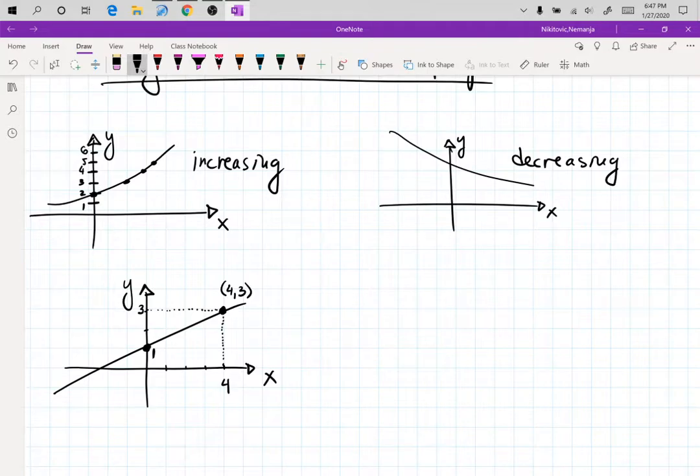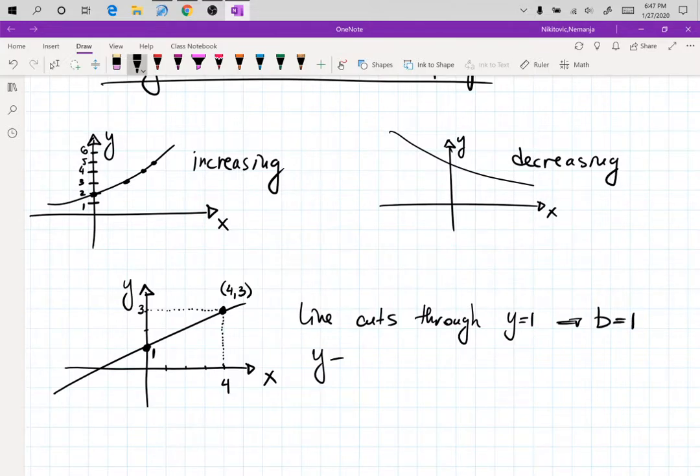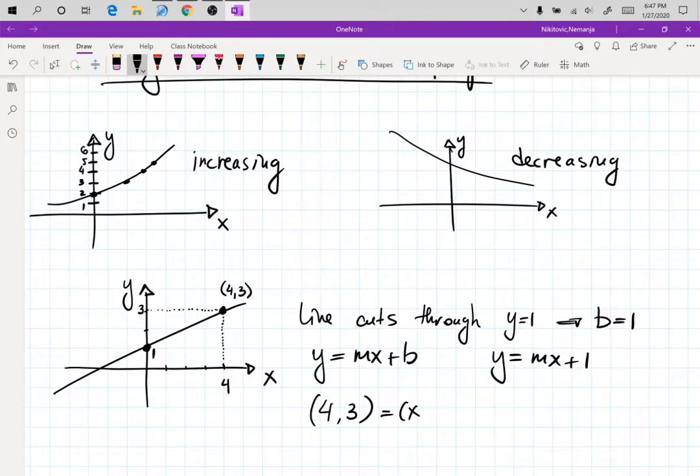So I already have that the line cuts through Y equals 1, which means b equals 1 for y equal mx plus b. So I already know y equal mx plus 1. Now I have the other point, 4, 3, and that's my x and a y.